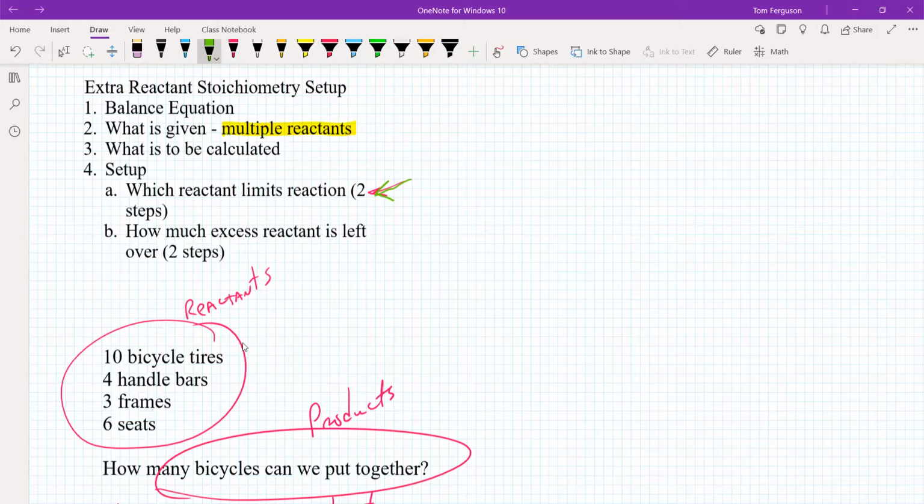Now, this is reality in a modern production facility. A friend of mine ran a Union Carbide chemical plant making pesticides. So he had boxcar after boxcar full of reactants coming in, and boxcar after boxcar of products leaving. And his chemical engineers had to make sure that they didn't waste excess reactants.